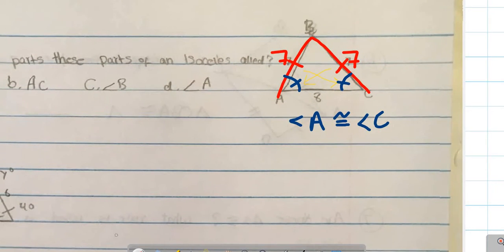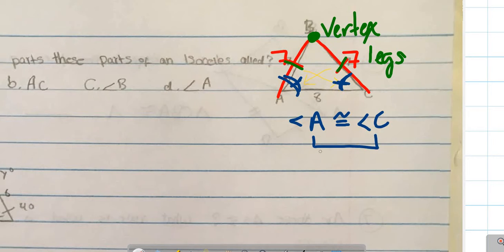Okay, let me name everything for you. The two equal sides are called the legs. The one corner that's squeezed between the two equal sides is called a vertex. The two angles that are congruent, such as A and C, are called base angles.